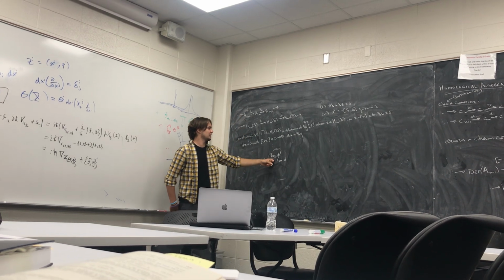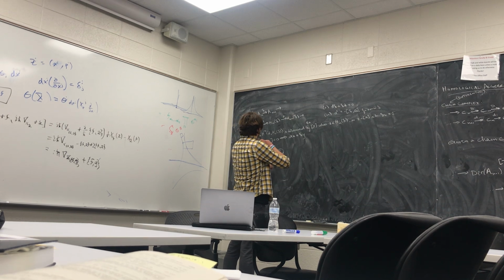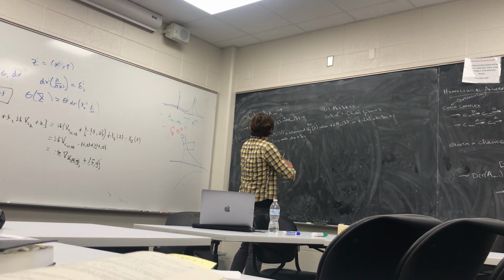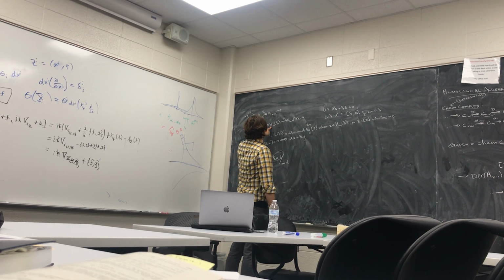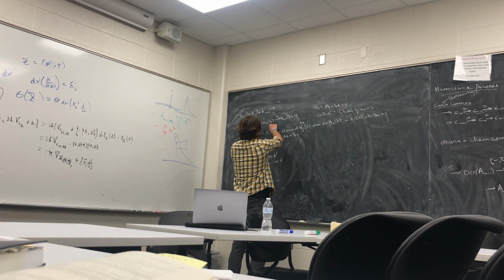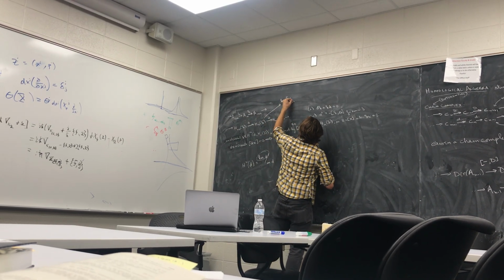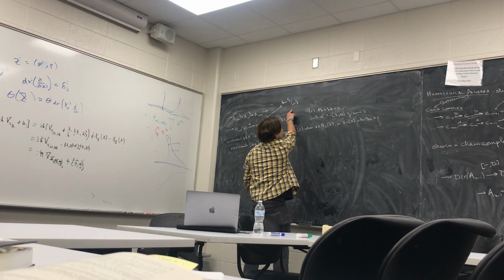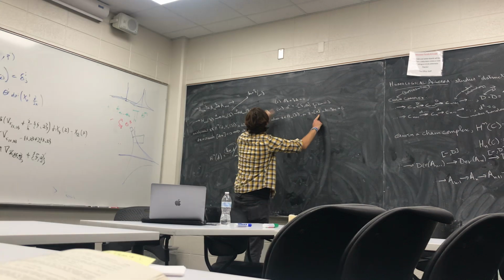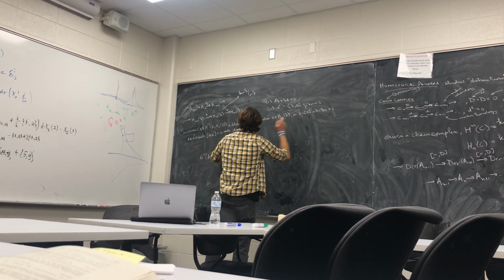If it's in the kernel of D, it's going to be in this space, which is the kernel of delta mod image of delta. So we take a representative X so that delta X equals 0, because that defines an equivalence class in here.